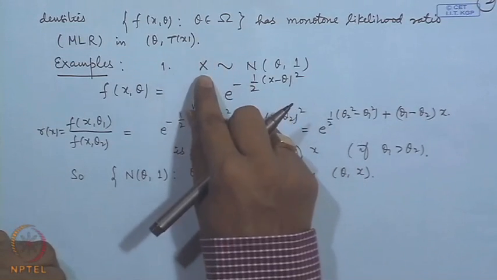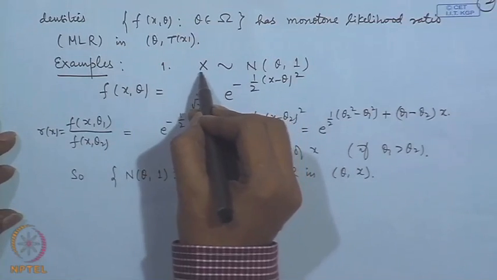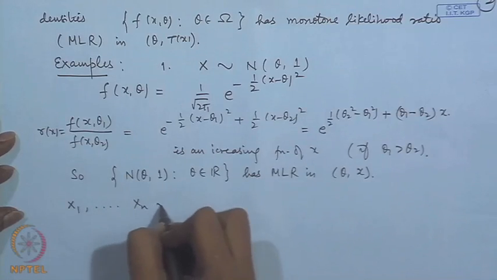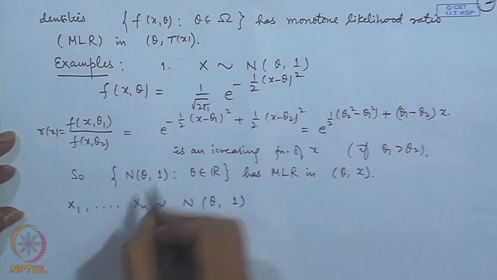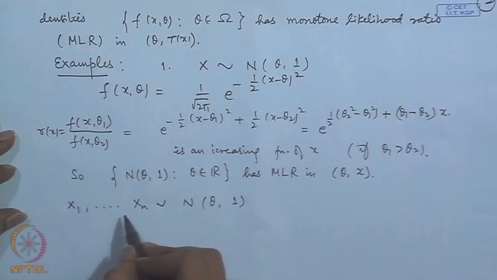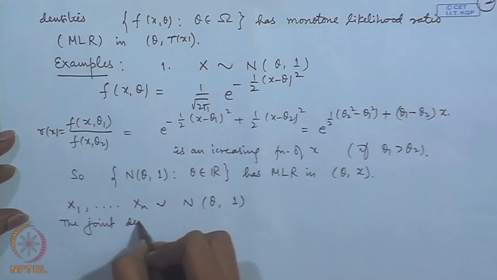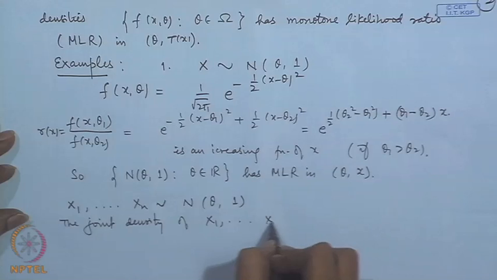Now, I have written here the distribution of one observation. Suppose in place of x, I have x 1, x 2, x n. In this case, for f(x, theta) we have to write the joint distribution, the joint density of x 1, x 2, x n.